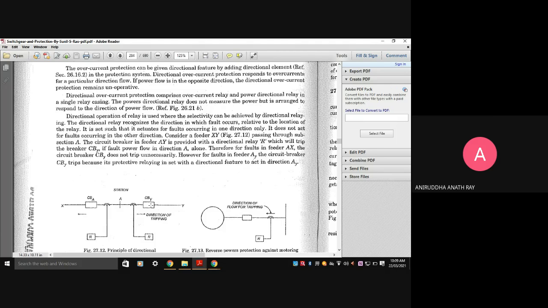For faults in the feeder AY, the circuit breaker CBY trips because its protective relaying is set with a directional feature to act in the direction AY only. So if the fault is taking place in this particular feeder AY, the circuit breaker CBY will trip.